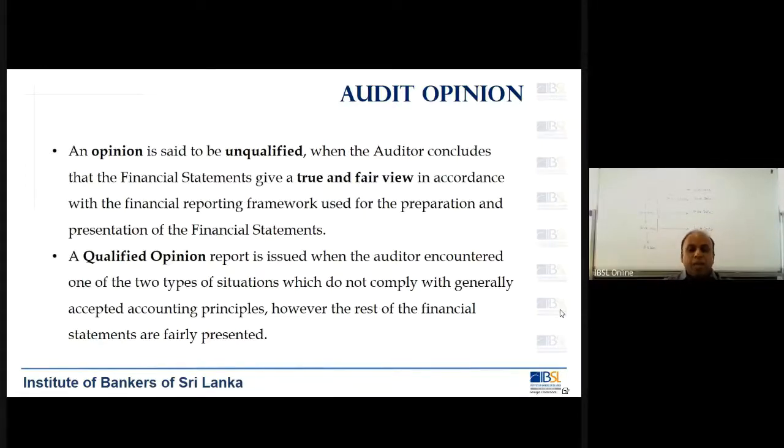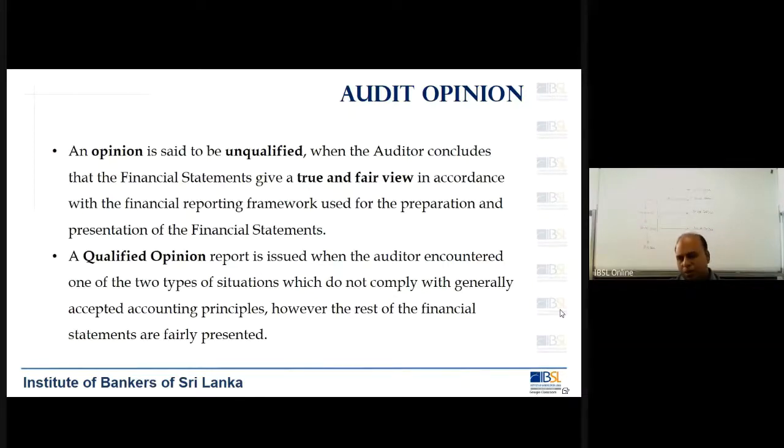Similarly, you can get a qualified opinion when the auditor encounters one of two types of situations which do not comply with generally accepted accounting principles. So the auditors may qualify your financial statements considering that they have certain deficiencies.